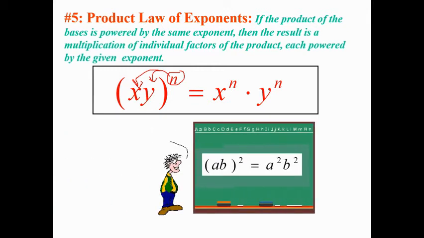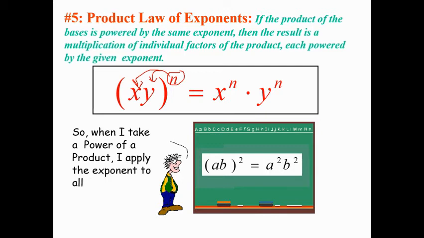Let's take a look at an example here. So we have ab that's going to be squared. Notice how it becomes a squared times b squared. So when you take the power of a product, you apply the exponent to all the factors of the product.